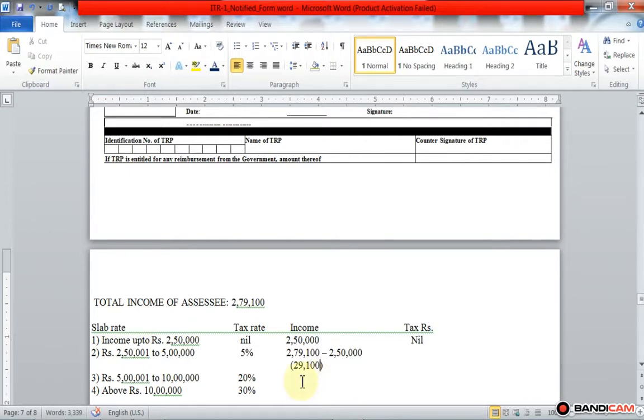29,100 is the balance. So compute 29,100 into 5%. Compute on 29,100, so multiplied by 5 divided by 100. Got it?